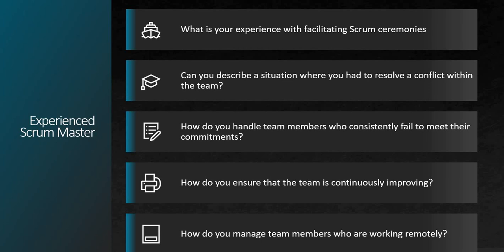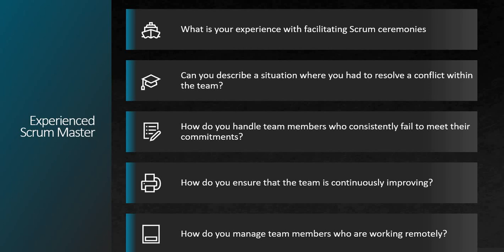efficiently. Can you describe a situation where you had to resolve a conflict within the team? In one of my previous projects, two team members were not able to collaborate effectively. This affected the team performance.